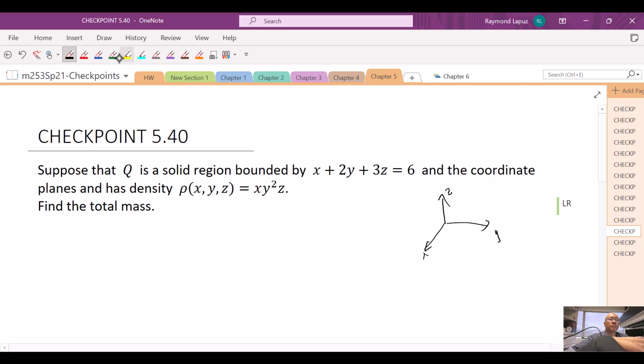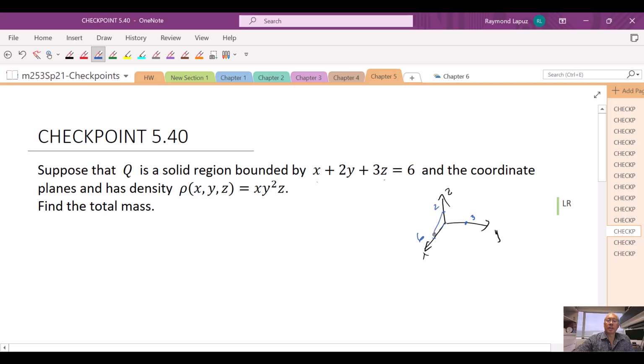where if I let y and z equal to 0, I'm going to have x is equal to 6. And when I let x and z equal to 0, I'll have 2y is equal to 6, so y is equal to 3. And then when x and y are both equal to 0, I have 3z is equal to 6, so z is equal to 2.